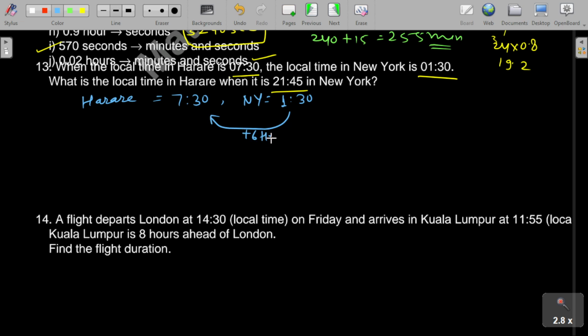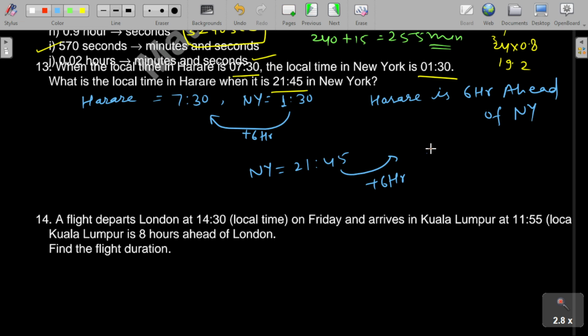Because if we add 6 hours to this, then we will get Harare. It means Harare is 6 hours ahead of New York. Okay. What is the local time in Harare when it's 21:45 in New York? If in New York time is 21:45, then we will add 6 hours to this one.